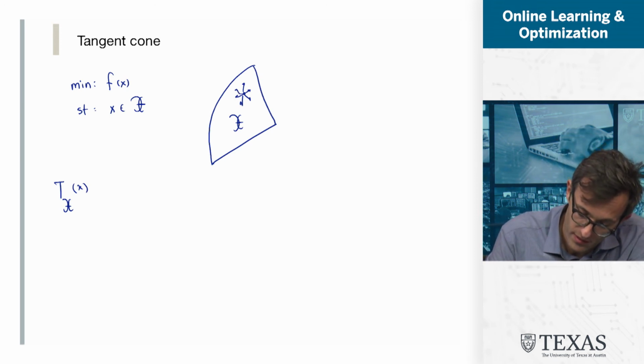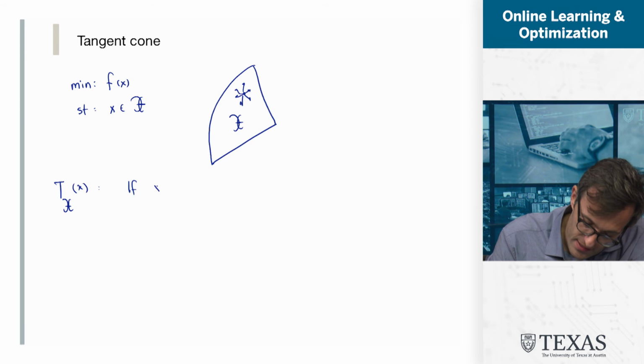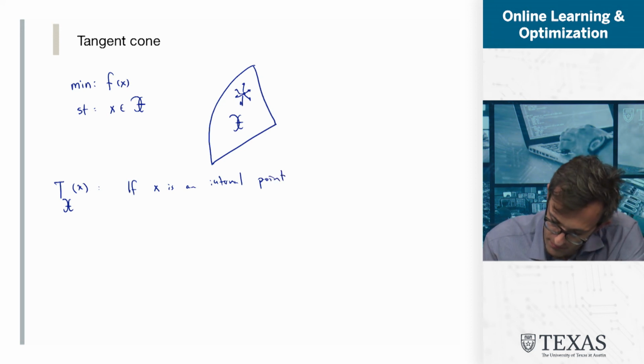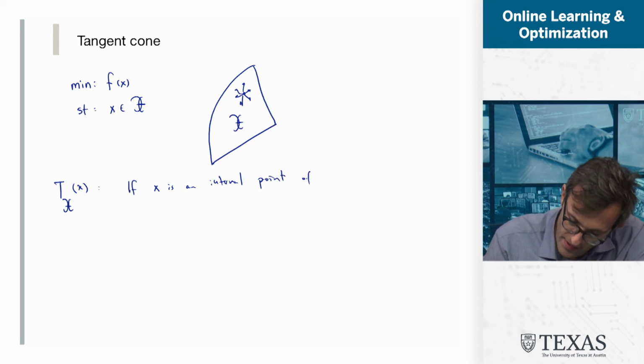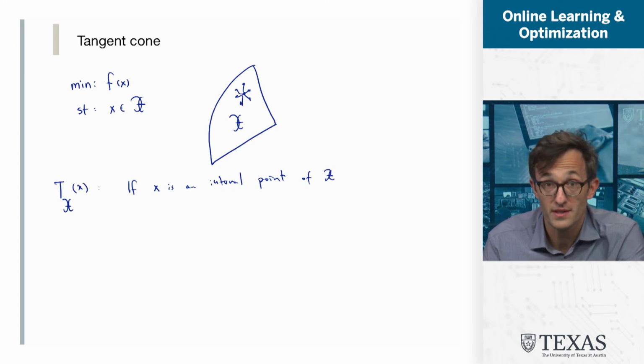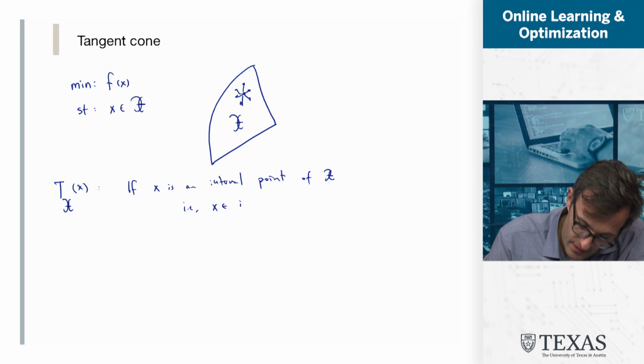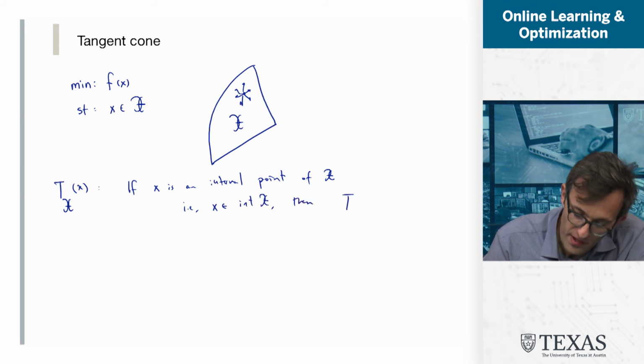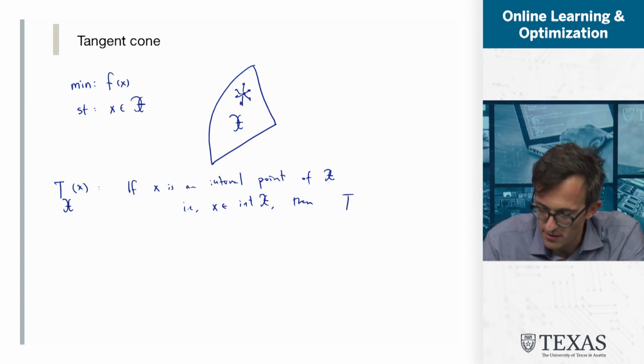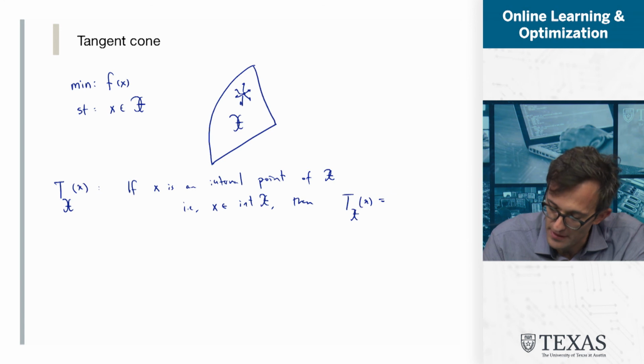Therefore, if x is in the interior of X, then I can move in any direction at least a little bit. So the tangent cone is equal to the entire space.